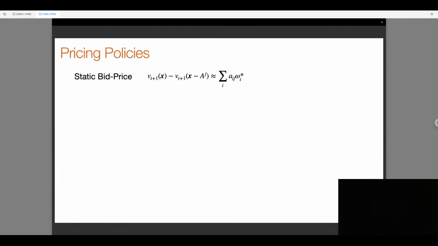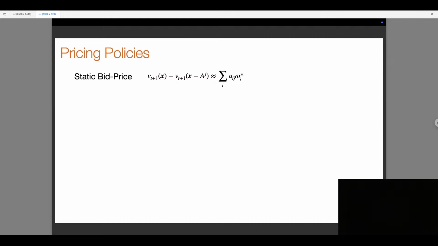So for the dynamic pricing, we will introduce 4 pricing policies in this paper. The first one is the static buy price.